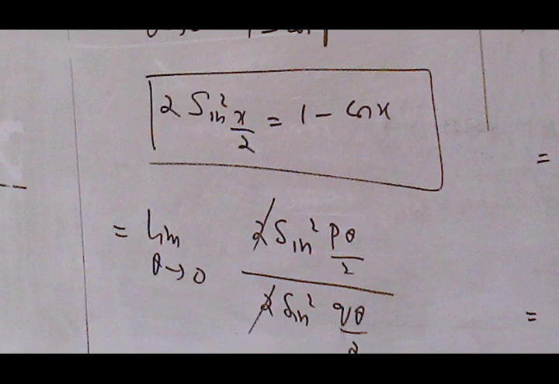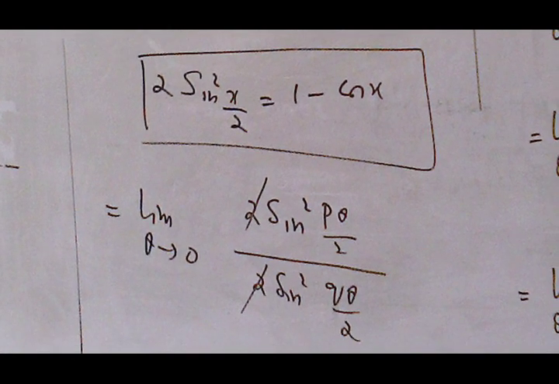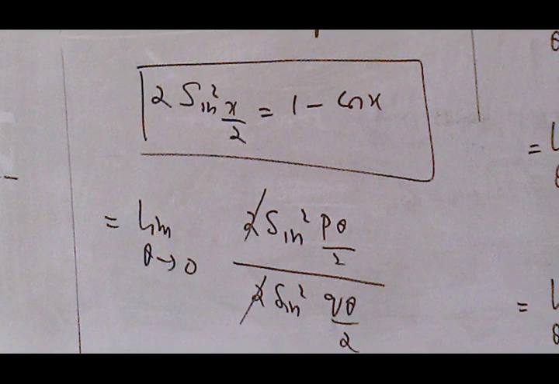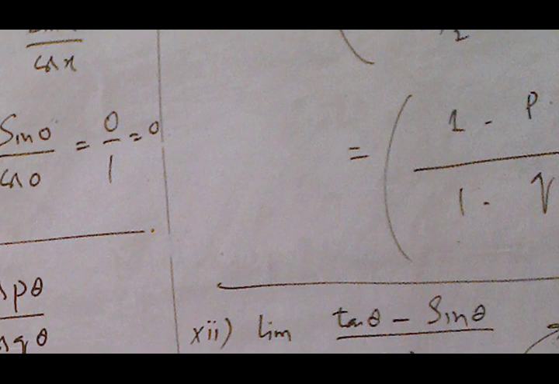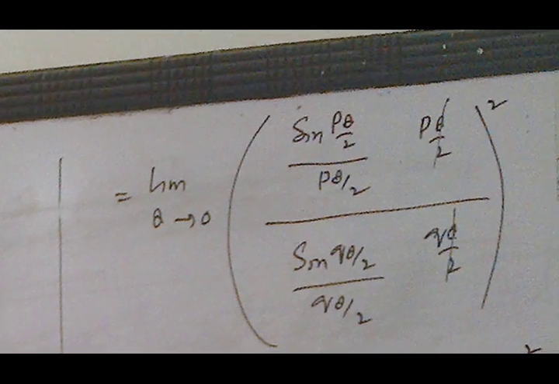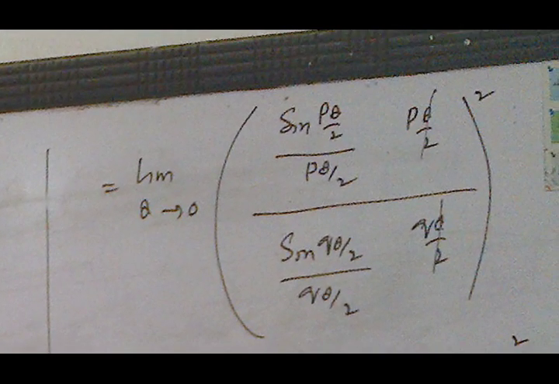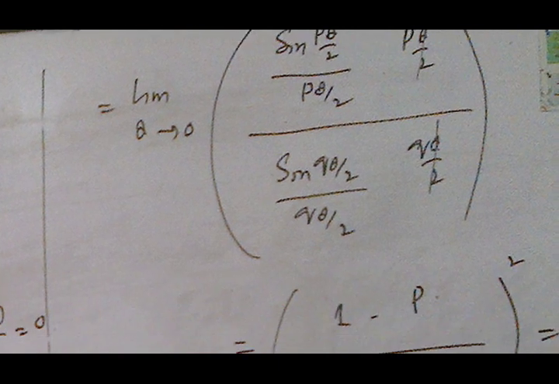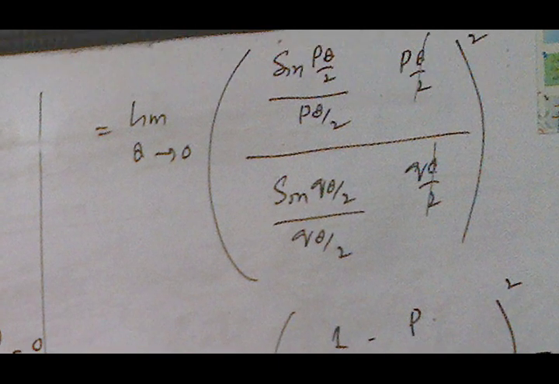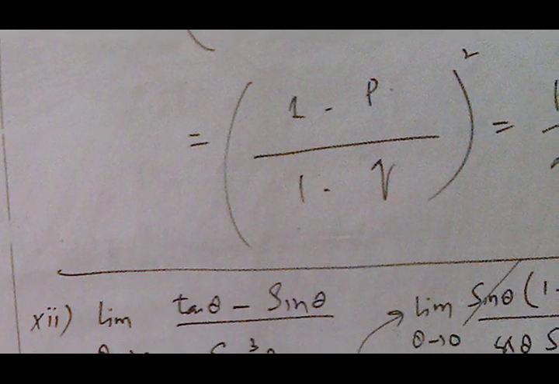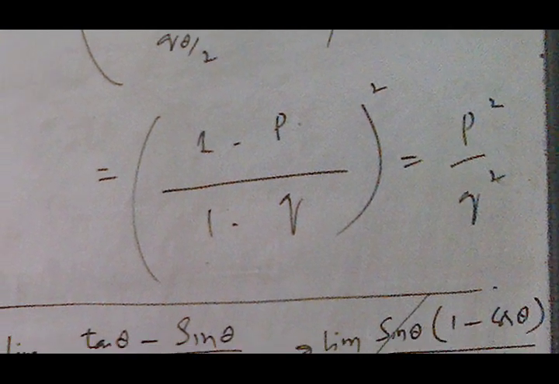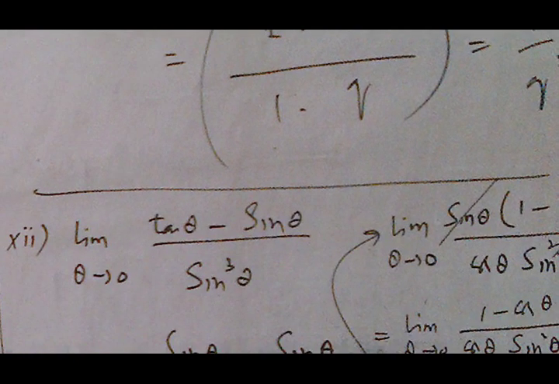Numerator is equal to 2 sin square p theta over 2, and denominator is equal to 2 sin square q theta by 2. Now we multiply and divide by p theta by 2, numerator and denominator, and we write the whole square, and sin p theta over 2 over p theta over 2 is equal to 1, and therefore it is equal to p square over q square.